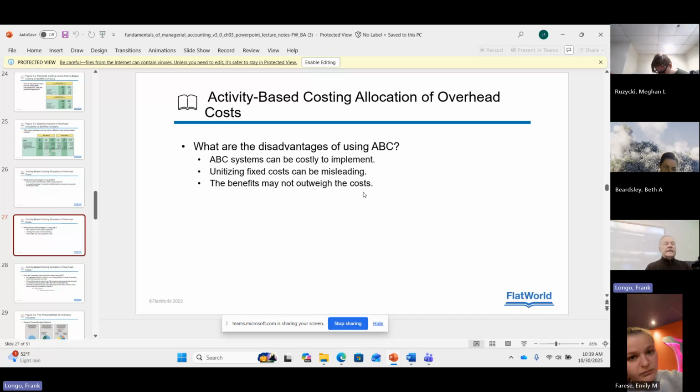Number 2, the benefits of using it may not outweigh the cost. This is a key, so I'll let you write this down. The benefits may not outweigh the cost. In short, benefits are less than the cost.